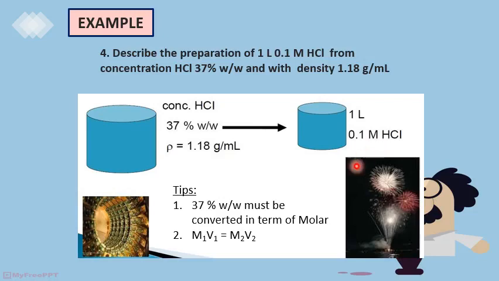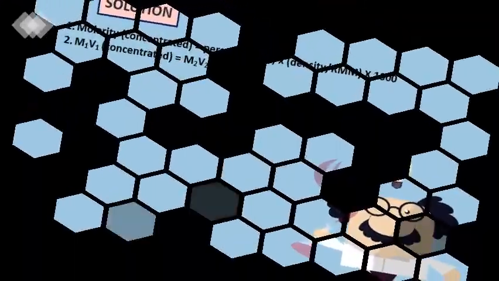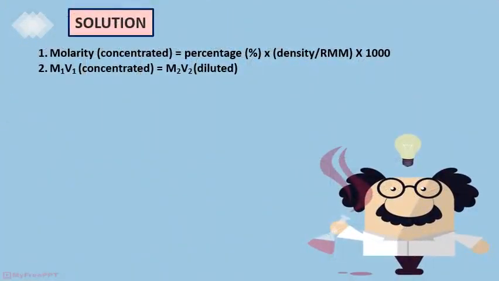And then from the concentration that you know, use the formula M1V1 equal to M2V2 for the preparation. Molarity in concentrated, calculate the molarity from the concentrated solution, which is 37%.